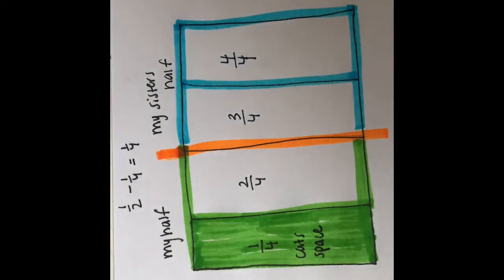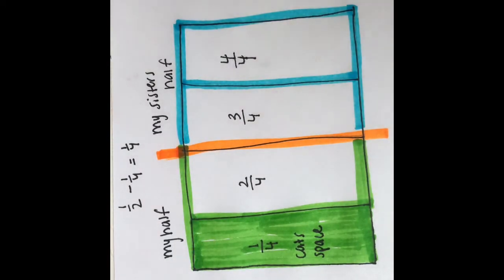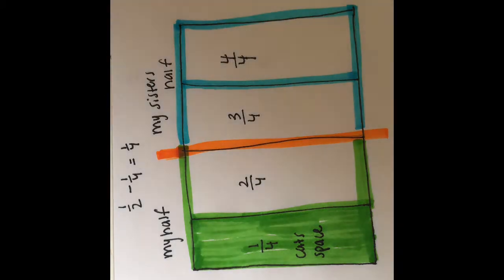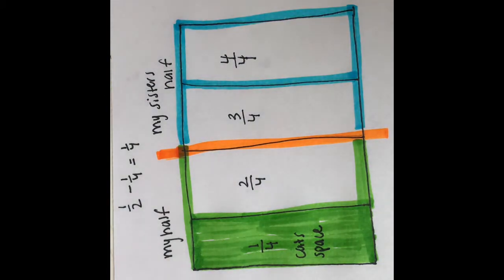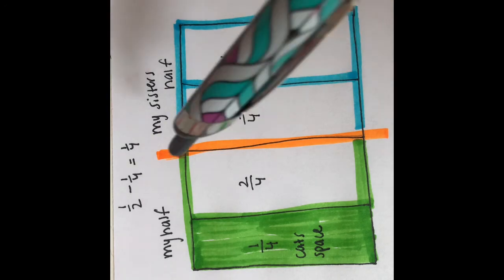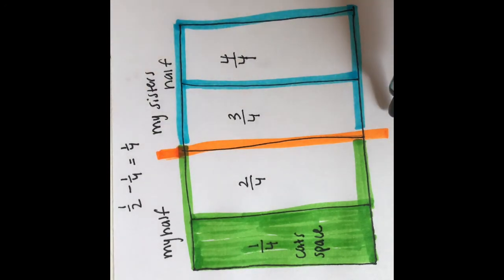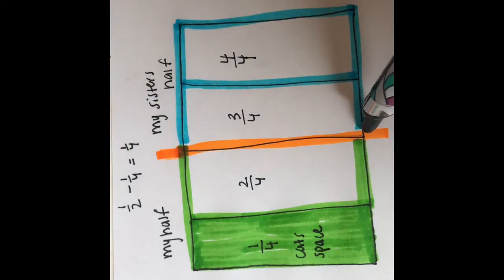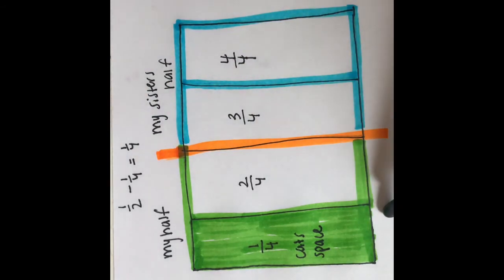So here's my visual for part B. I separated the whole into 4 spaces rather than 8 spaces as I did in part A. And then I separated it into a half again. And then out of the half, I subtracted 1/4 from the whole.